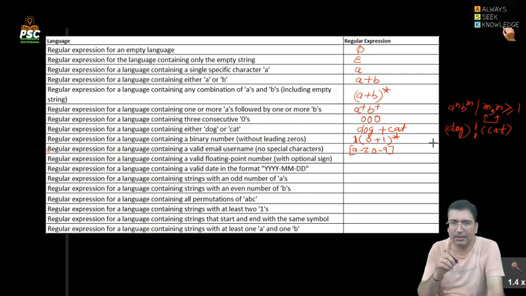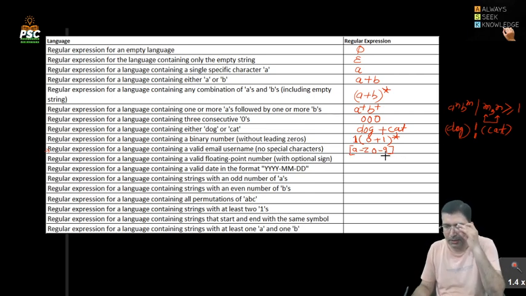Square bracket means it is representing a single character. Okay, if there is no restriction on the length, I can put a positive closure on this. So at least one length username you can set, or two length, any number of length you can put.